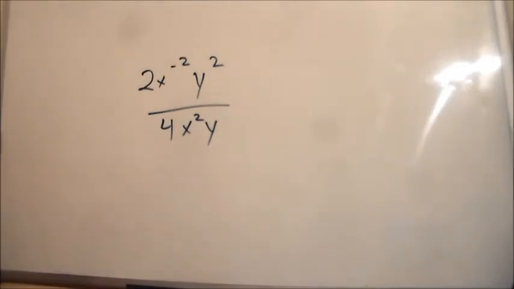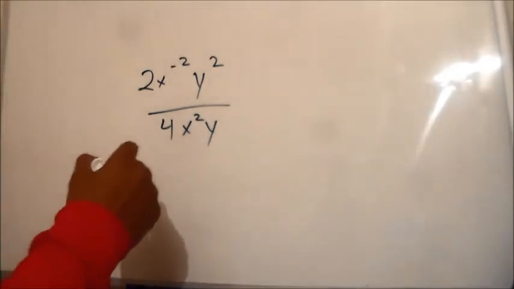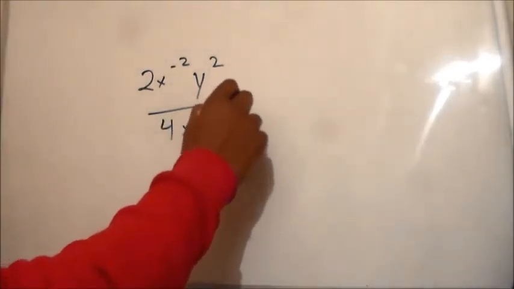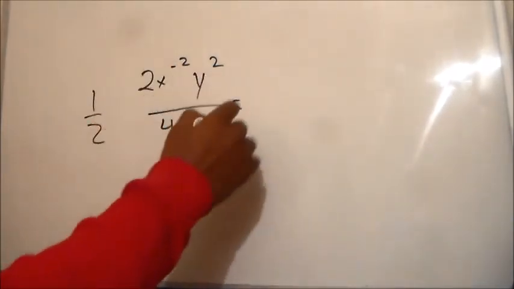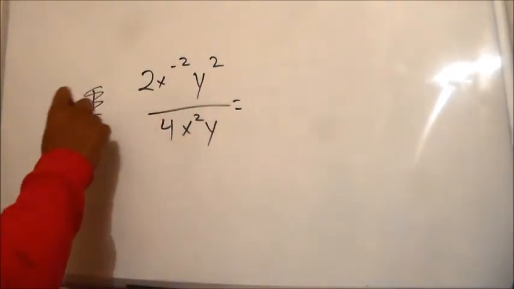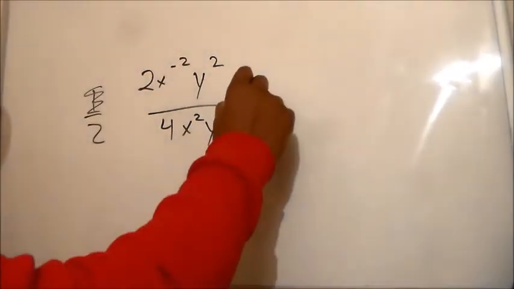this is what we're going to do. We're going to look at our 2 and our 4. This actually is going to result in 1/2. When we look at the 2 and the 4, it's going to reduce to 1/2, but the 1 is not going to be missed. So we'll have the 2 on the bottom.